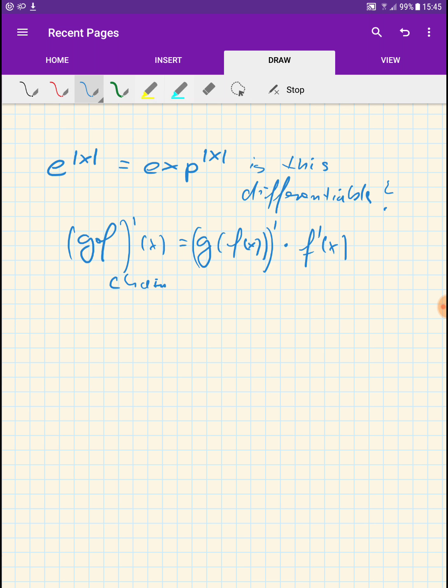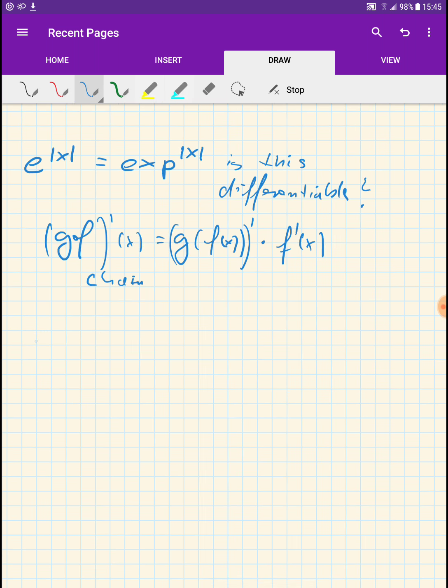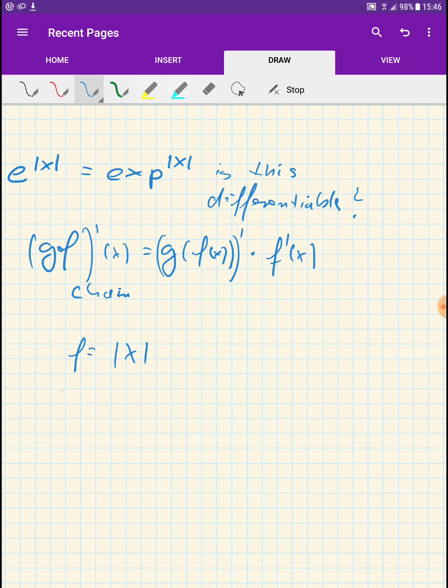And now let's see how the chain rule solves our exercise. Well, you can view this e to the absolute value of x as a composition of two functions. Namely, your f is now the absolute value function, a function that maps every x to its absolute value, and your g is the exponential function.